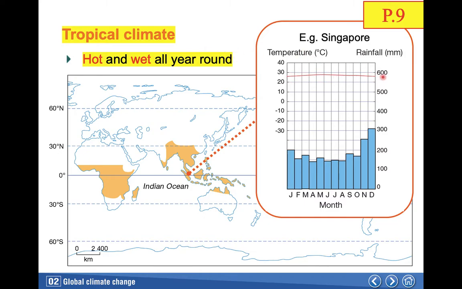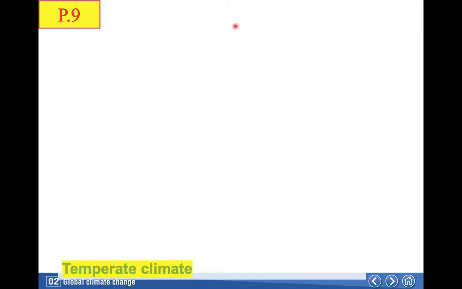At the same time, they have a lot of rainfall too. So they are hot and wet all year round. Singapore is located very near the equator. That's why the temperature and rainfall are high. This type of climate, we call the tropical climate.